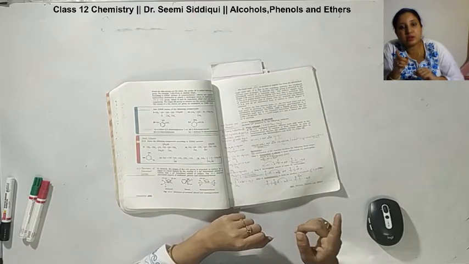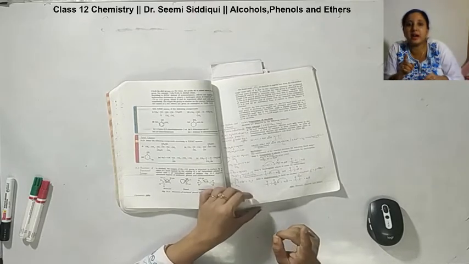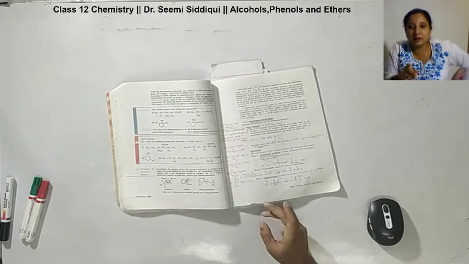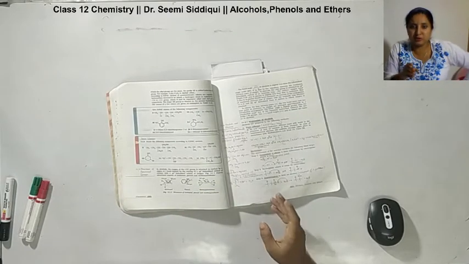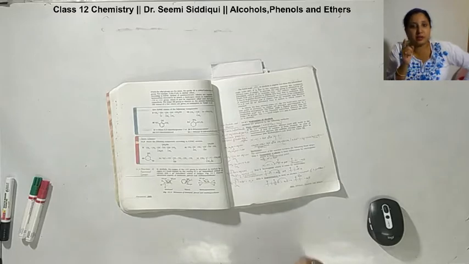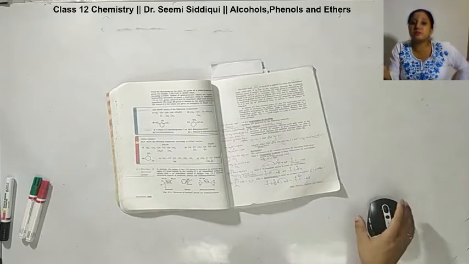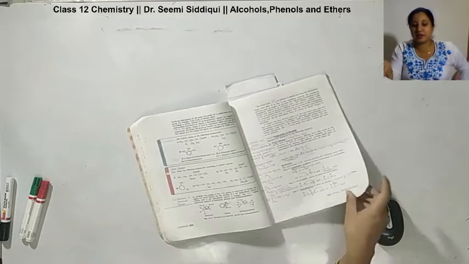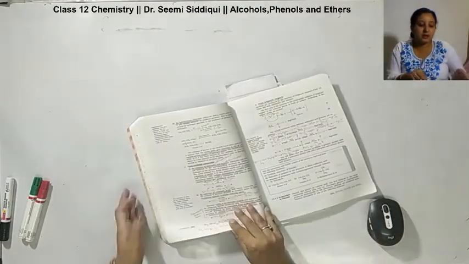But in the case of tertiary alcohol, if the tertiary halide reacts with aqueous KOH, it is not going to show a substitution reaction, but the elimination reaction is going to take place.